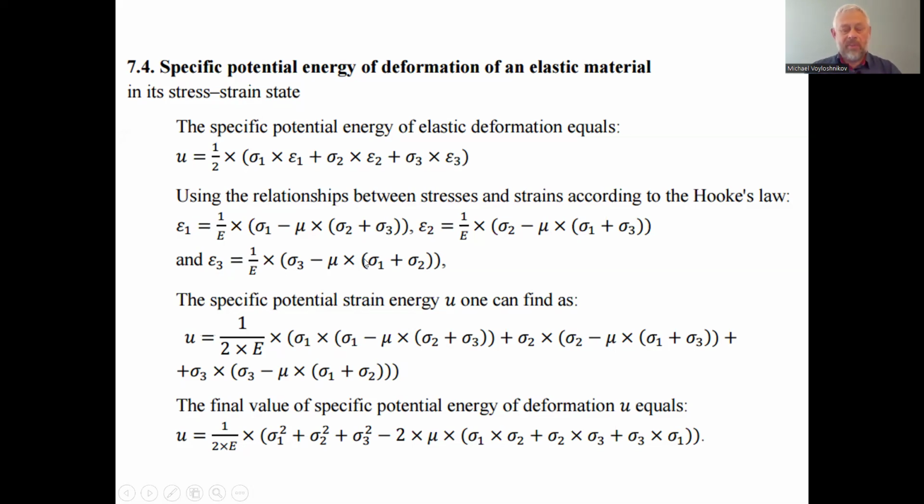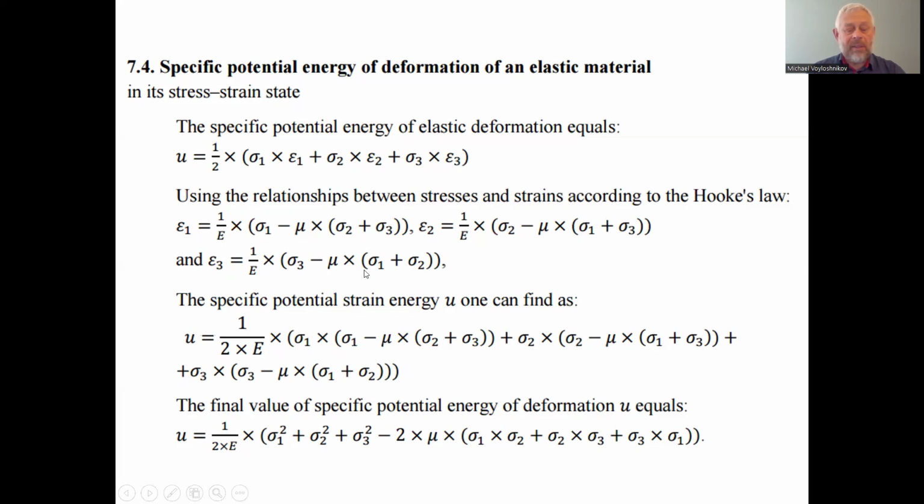Normal stresses, main stresses sigma 2 and sigma 3, as we have 3 in the spatial stress strain state. And when we derive all the deformations in each of the main directions, the directions in which we have the perpendicular sides of the segment of mechanical body, in the perpendicular sides to the main directions, the tangential stress equal to 0.